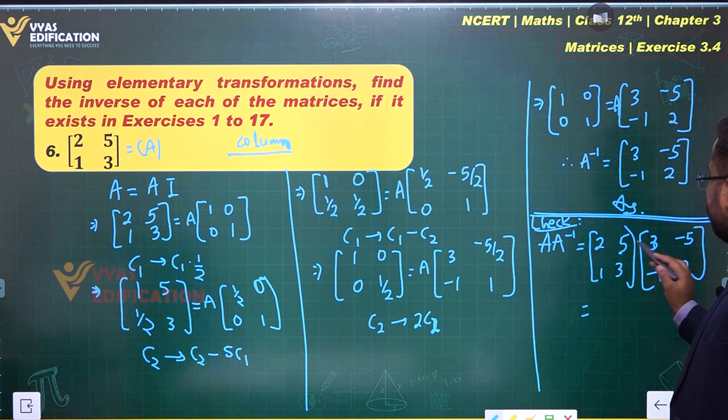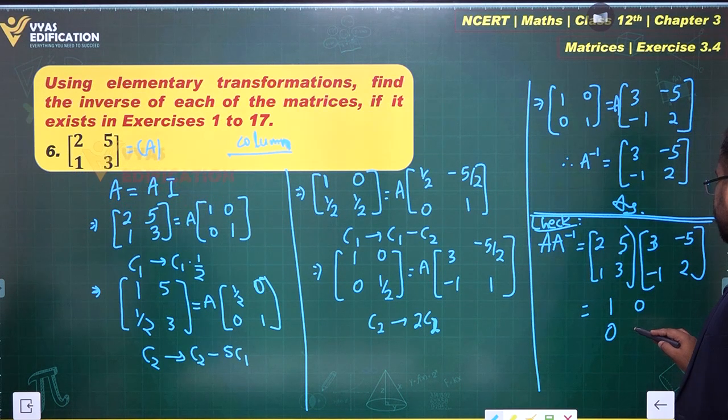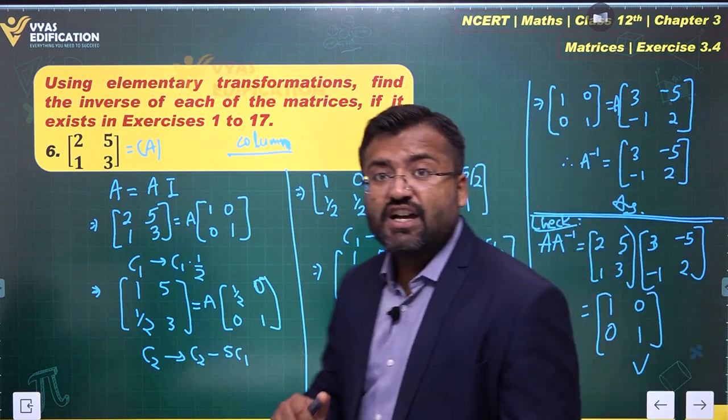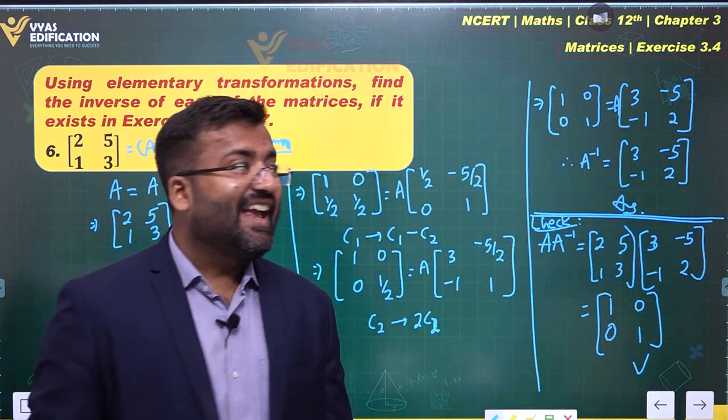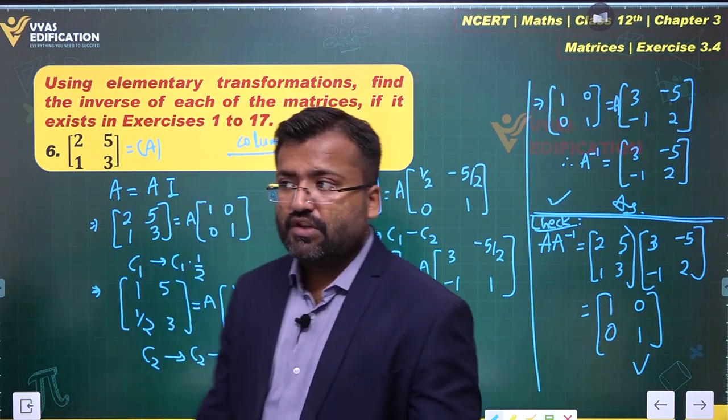This is 6 minus 5, which is 1, minus 10 plus 10, which is 0, 3 minus 3, which is 0, minus 5 plus 6, which is 1 over here. And this is the identity matrix. So A times A inverse is equal to identity, and therefore the A inverse that we have found is correct, right? That is my answer for this question.